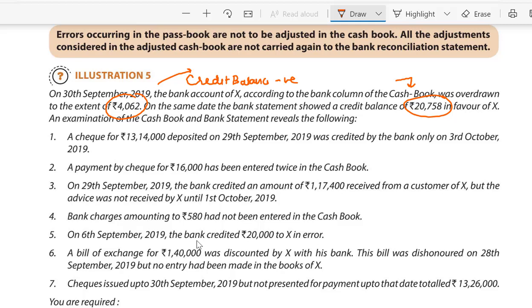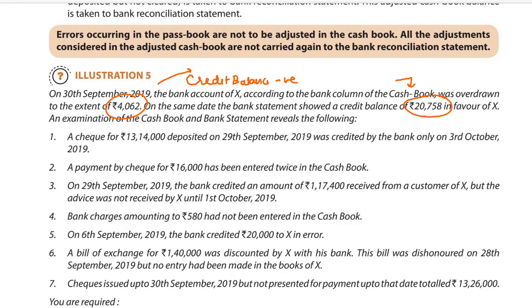On 29 September 2019, the bank credited an amount of 1,17,400 received from a customer of X, but the advice was not received by X until 1st October 2019. So over here in the third entry, a customer has credited 1,17,400 directly in the bank. In the cash book there is no entry, so an adjustment is to be made in the cash book.